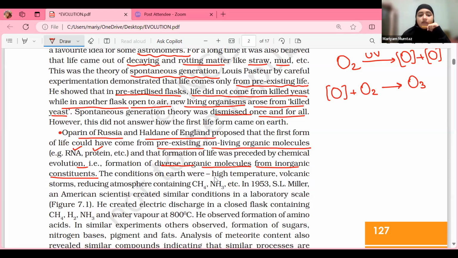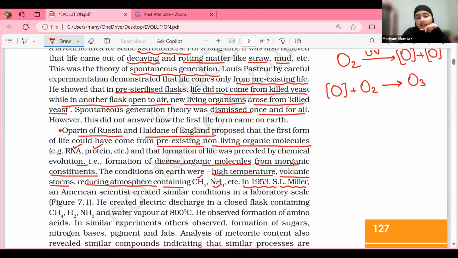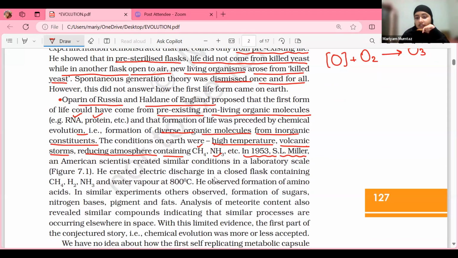Now, the conditions on Earth at that point of time were high temperature, volcanic storms, and a reducing atmosphere which contained CH4, methane, and ammonia, right? Now, in the year 1953, S.L. Miller, an American scientist, created similar conditions on a laboratory scale. He took this theory and actually tried to create it in a lab condition.